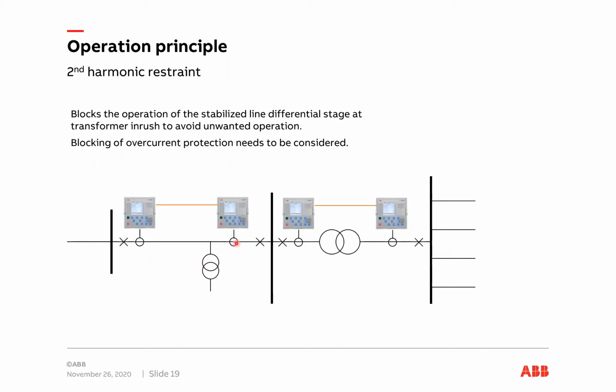That means the inrush current will be purely differential current. So what we can do here is activate the inrush current detection in the relay, and over binary signal transfer send that blocking information to the other relay. So we are not operating line differential protection when energizing this line.